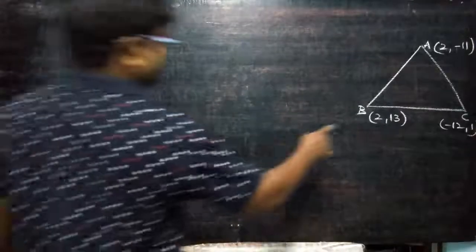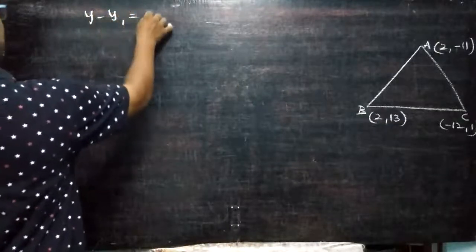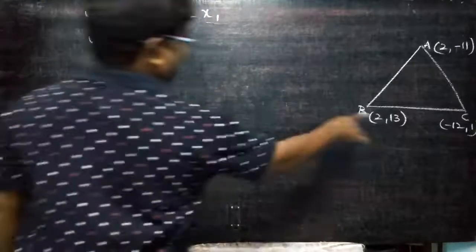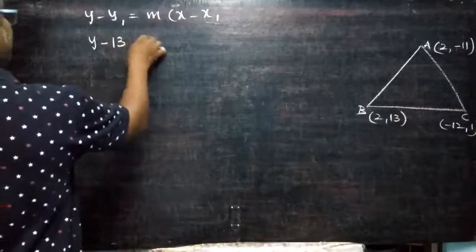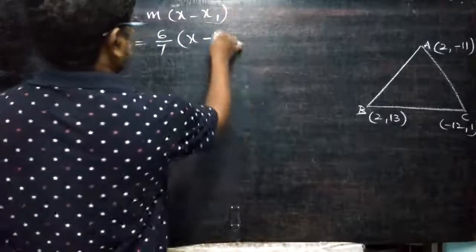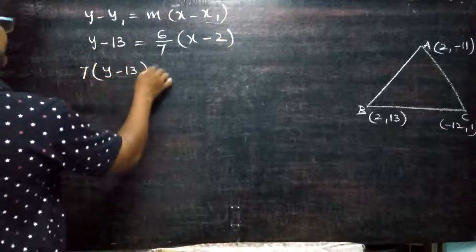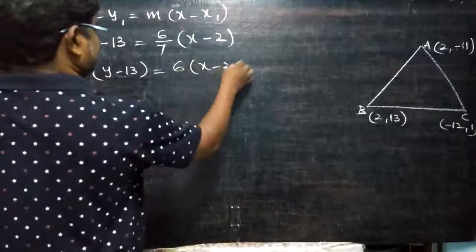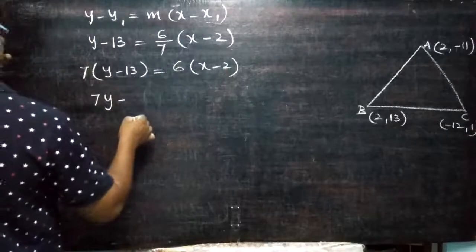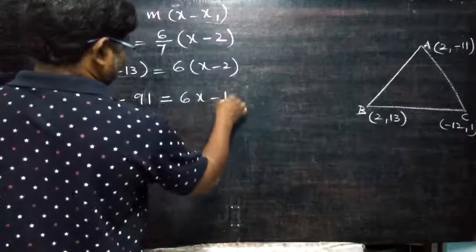Now I am thinking B as x1, y1. y minus 13 is equal to 6 by 7, we got the slope, into (x minus 2). Do cross multiplication. 7 into (y minus 13) is equal to 6 into (x minus 2). 7y, plus into minus, minus 7 13s are 91, is equal to 6x minus 12.